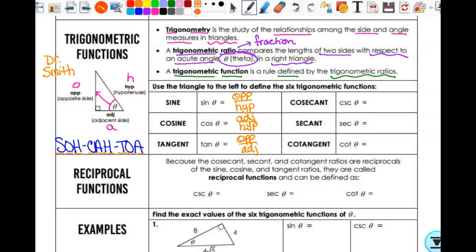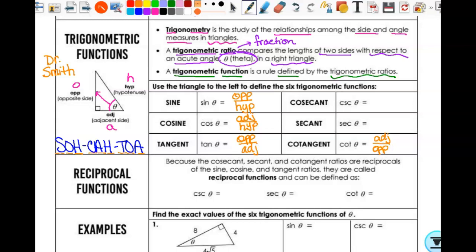Okay? Then the other three are just reciprocals of those, but you have to know which one is which. Sine and cosine are not reciprocals of each other. However, tangent and cotangent are. So if tangent is opposite over adjacent, cotangent is adjacent over opposite. There's no acronym for the reciprocals.